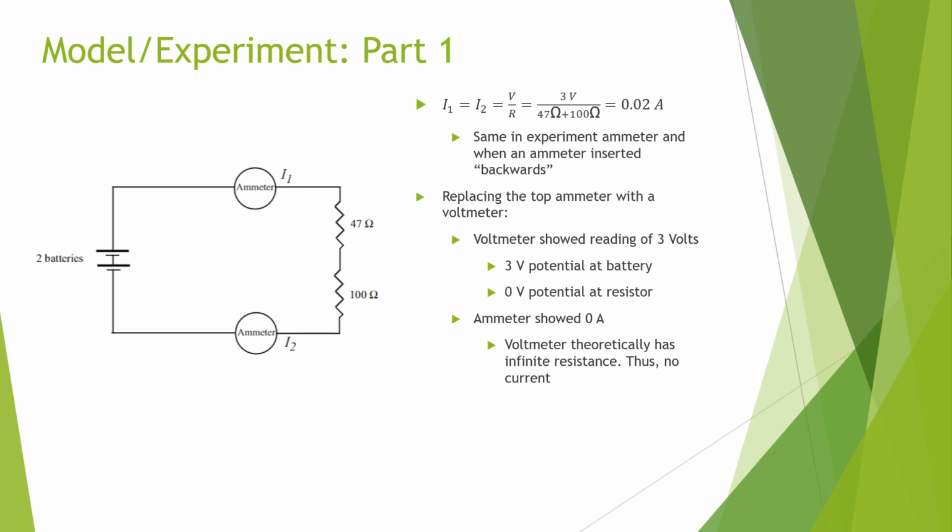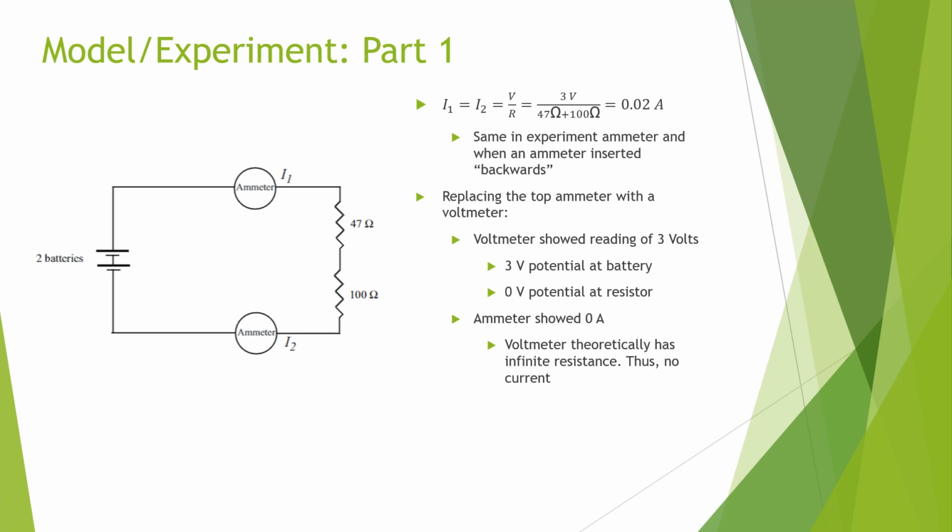When we replaced the top ammeter with a voltmeter, it showed a reading of 3 volts, because from the battery we saw a potential of 3 volts, but on the other side, near the resistor, there was 0 volts. This is because this circuit, though closed, does not have current flowing through it, since the voltmeter theoretically has an infinite amount of resistance, thus not allowing current to flow through it.